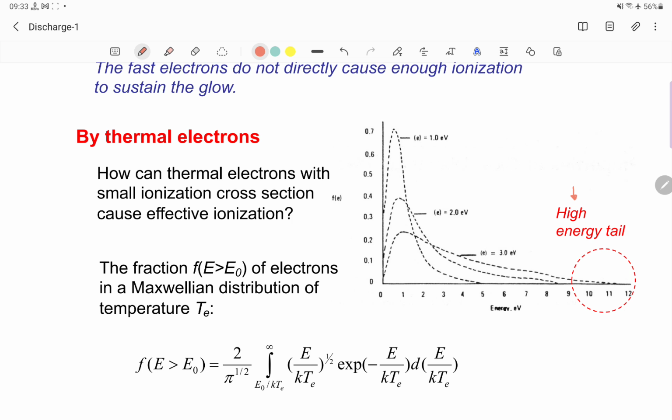And since the distribution curve follows the Maxwell-Boltzmann distribution, one can calculate the ratio of the high energy tail. It's F, the function of the electron energy E, higher than E0, where E0 is the ionization energy of the gas atom.